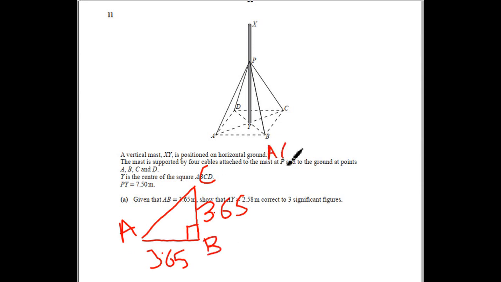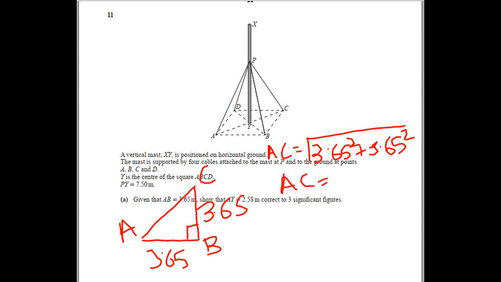So AC will be under root 3.65 square plus 3.65 square. This will give us AC is equal to 5.1618.